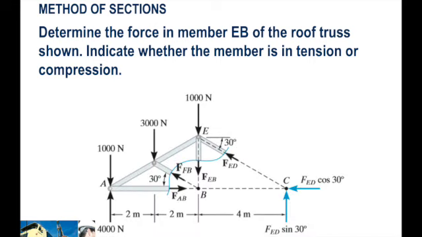Okay, so this is your free body diagram of your cross section. So what forces are exposed? We exposed force ED, force EB, FFB, and FAB. And what we are looking for is FEB, force in member EB. Only one, this one here. So let's see if we can do this in one go, and which part we need to do the summation moments.